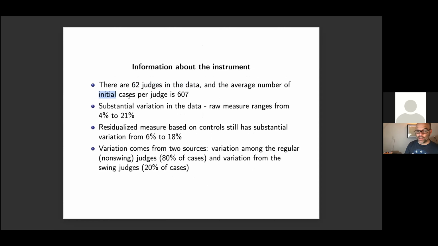The average number of initial cases per judge is 607. There is substantial variation in the data. Now, what I'm going to show you right now is the typical way that you present this data, right? There are lots of pictures in a judge fixed effects paper, but they're fairly standardized now.